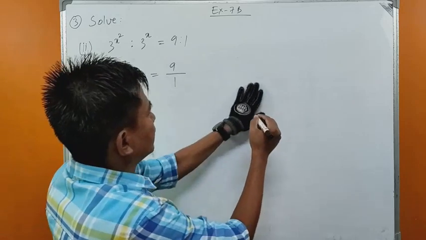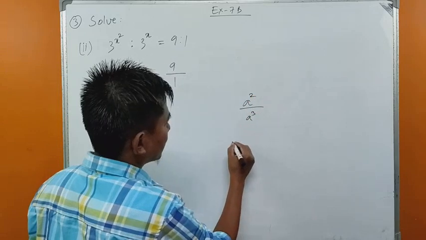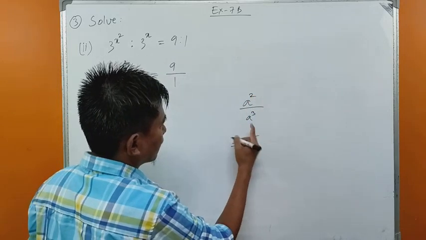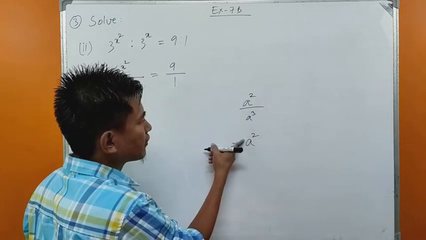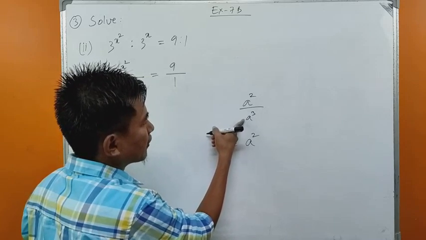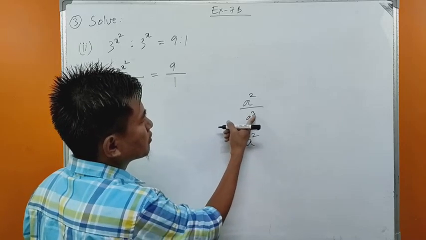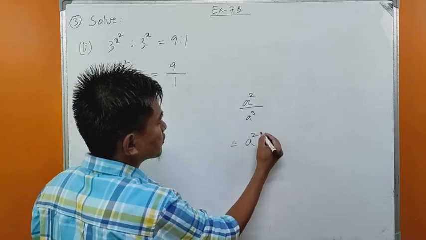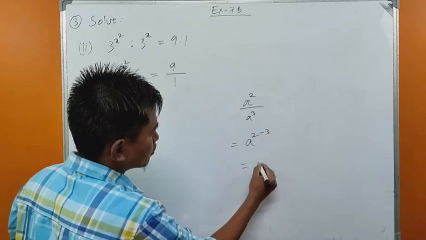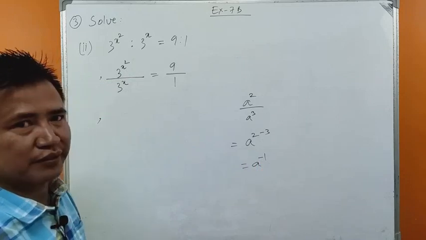Let me explain here. If I have a squared upon a cubed, a squared is already there in the numerator. Now if I take this a to the power 3 to the numerator, this becomes minus 3, isn't it? So a to the power 2 minus 3 is minus 1. We can write it this way.